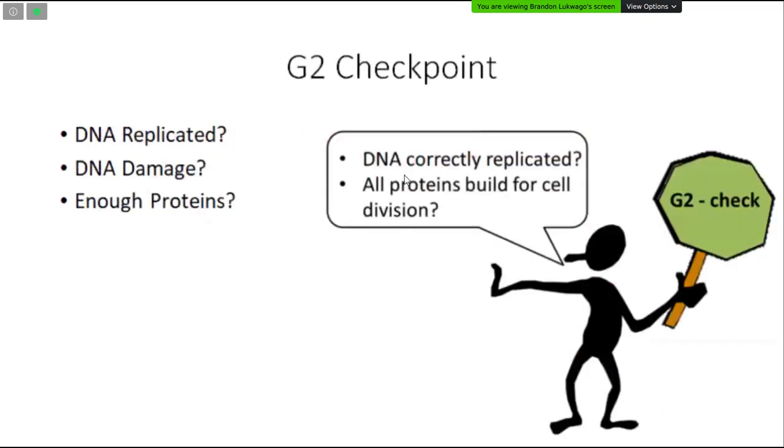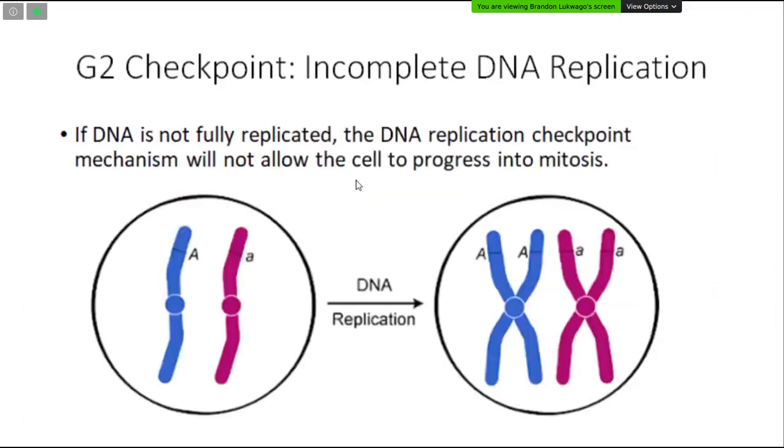The next checkpoint is the G2 checkpoint. In this checkpoint, the cell is checking if the DNA was replicated correctly in the S phase, it'll check again for DNA damage, and it'll check if there are enough proteins to continue to grow and divide. The most important check at this point is for replicated DNA.